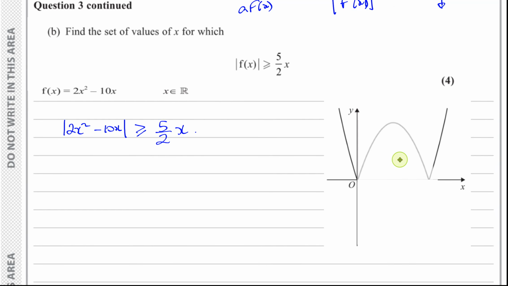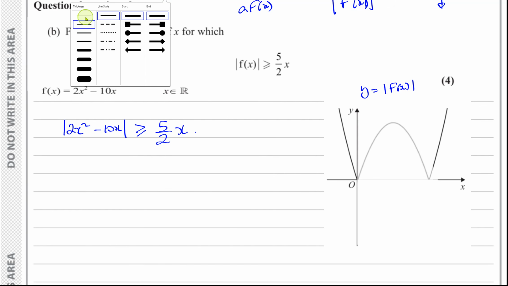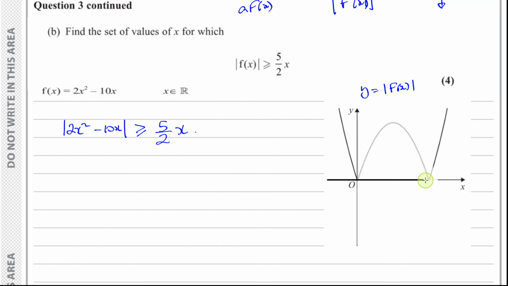So that's how the graph of y equals the modulus of f of x looks. It looks exactly like that. Okay, something like that.